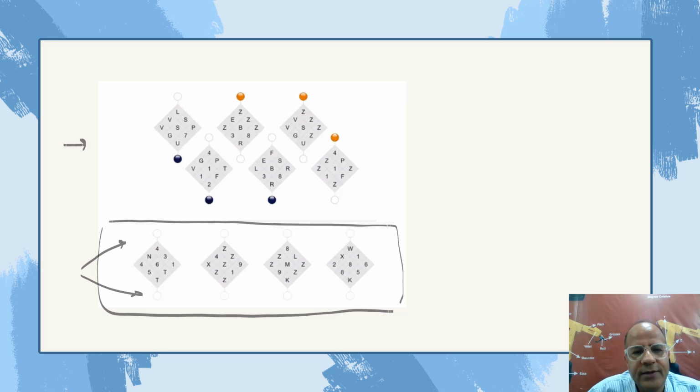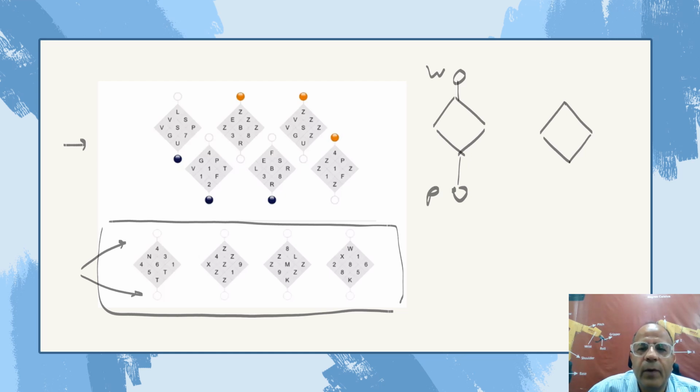Okay, so now let's try to find out the pattern. Finding the pattern means I have two kinds of grid with regards to coloring. One has white at top and purple at the bottom, and one has orange at top and white at the bottom.